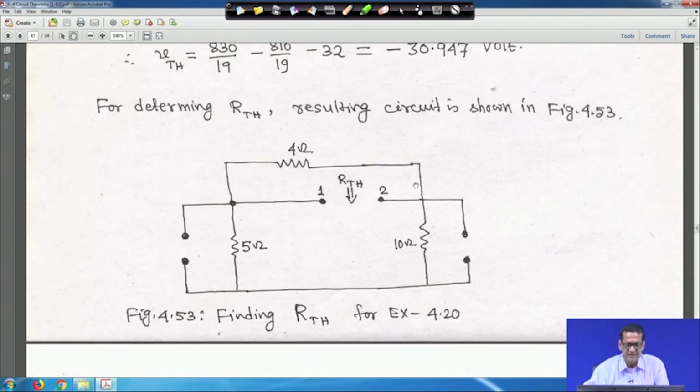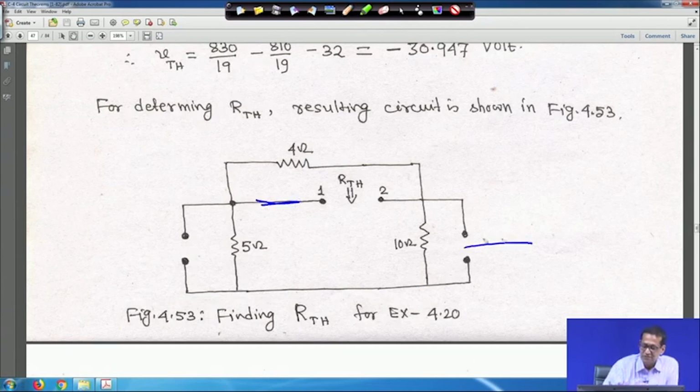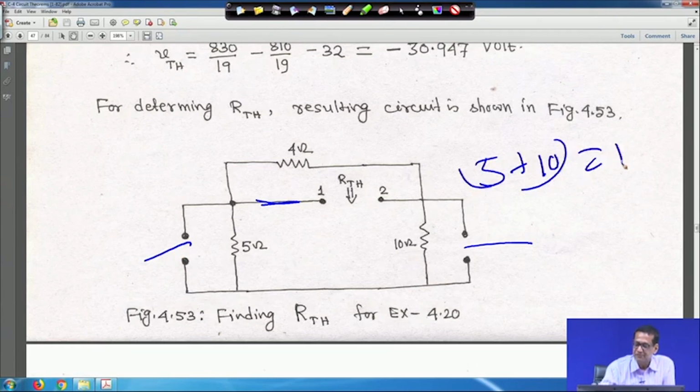Similarly, for R Thevenin, the voltage source is shorted and the current source is open. So the 5 and 10 ohm resistances are in series, giving 5 plus 10 equals 15 ohm, and the 4 ohm is in parallel with that.